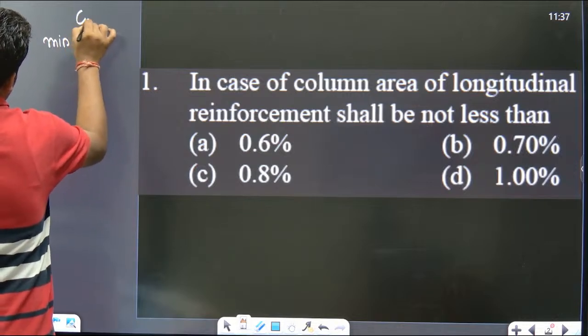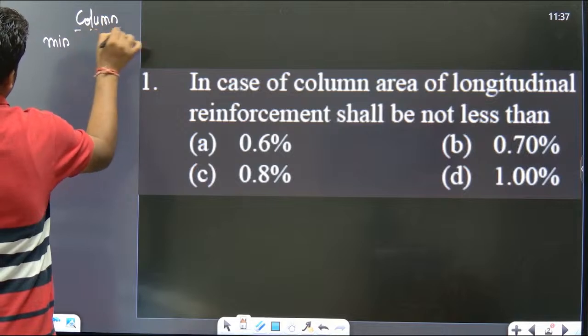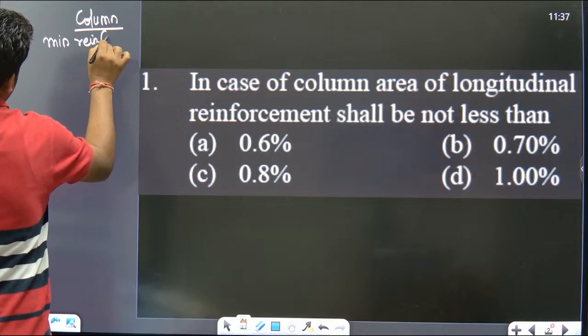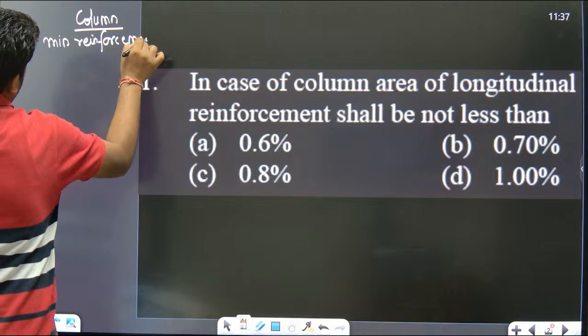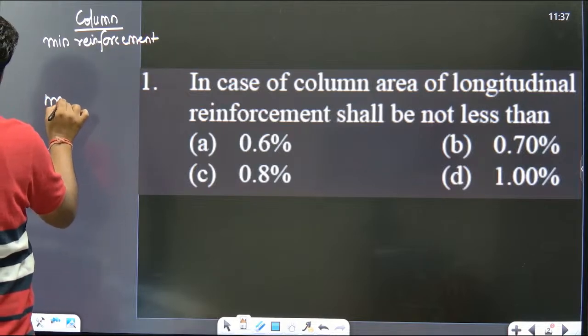So in case of column, two provisions are there: minimum reinforcement as well as maximum reinforcement. Understood everyone?